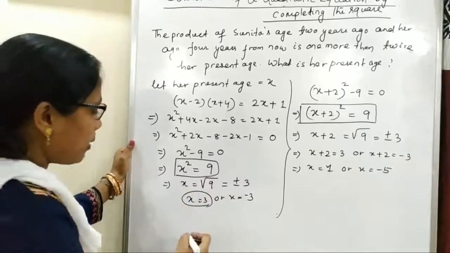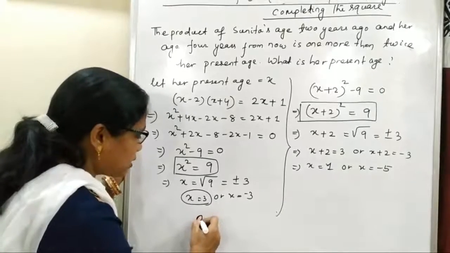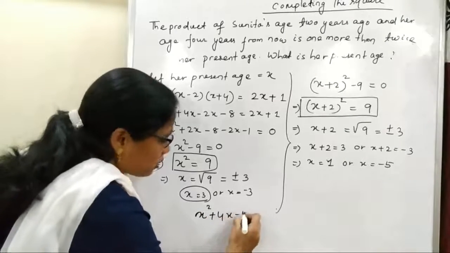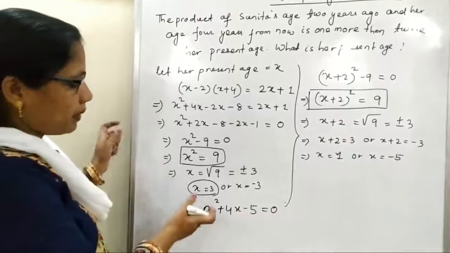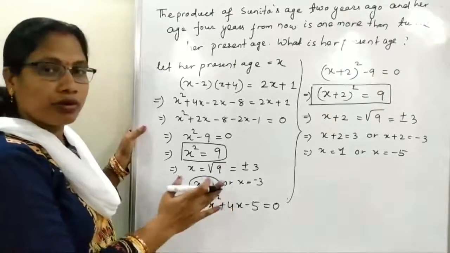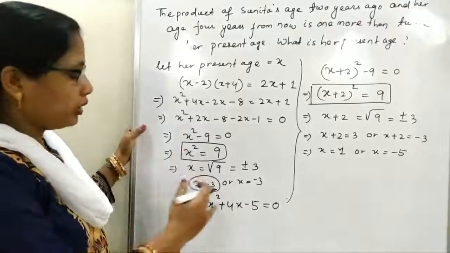So what will happen if I have to solve x square plus 4x minus 5 is equal to 0? You may apply the factorization method here also, but if we do not use the factorization method, then what method will we use?